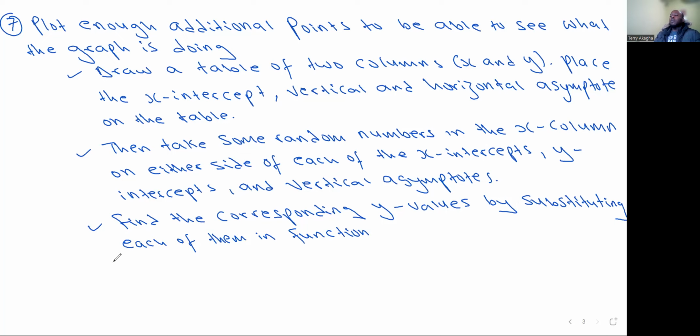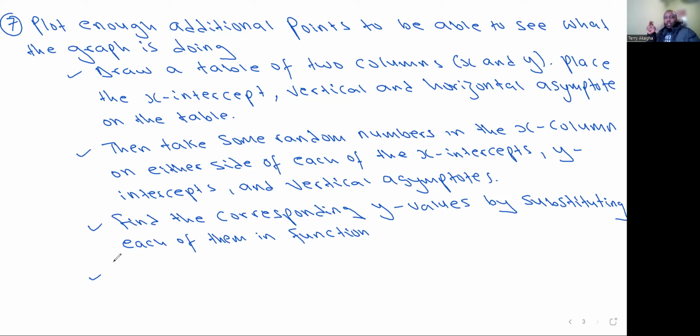Then after we're done with that, I will plot all the points from the table and try to join them. Because I took some random values, it's more of a guess, but you will see that the shape is already coming out when I'm plotting the points.